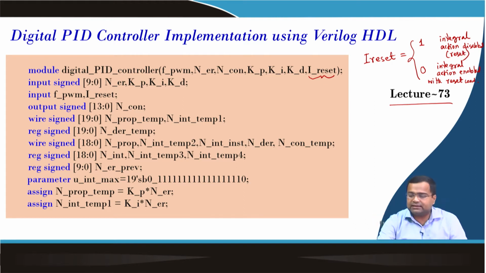Whenever it starts integral action, the initial value will be 0 and then it will keep on adding, and this will also have some problem, particularly when you move from PSM to PWM. I will discuss that, but during the pulse skipping operation, why are we resetting the integral action? Because in PWM the integral action accumulates all the error, but under PSM the average output voltage is always above the reference voltage.